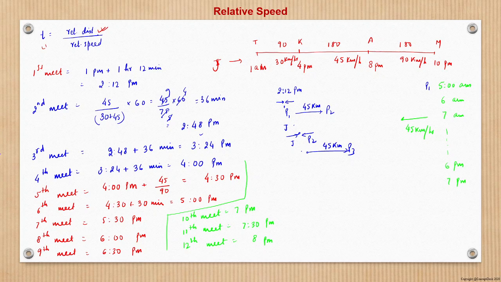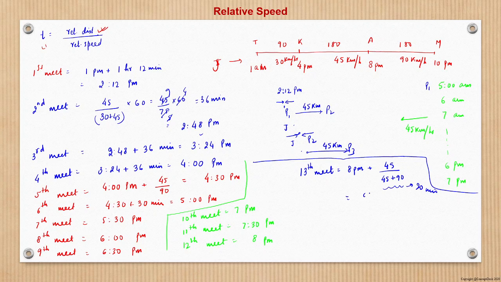So from here we can say that the 13th meet will be what? 8 p.m. plus 45 upon 45 plus 90. So this is nothing but 20 minutes. This part is 1 by 3 hours, that is 20 minutes.